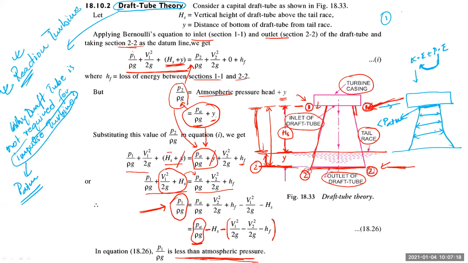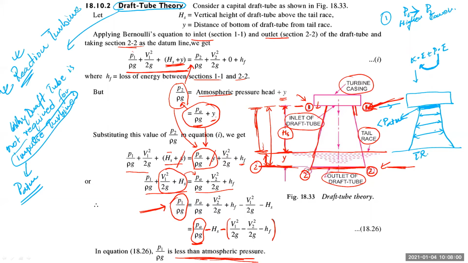We all know that fluid flows from higher pressure to lower pressure, always, whether it is air or liquid or any fluid, because of pressure difference. If at the outlet of your turbine the pressure is less than atmospheric pressure, then reverse flow of water will start occurring. Some quantity of water will move back inside your turbine. It will not go to your tail race.